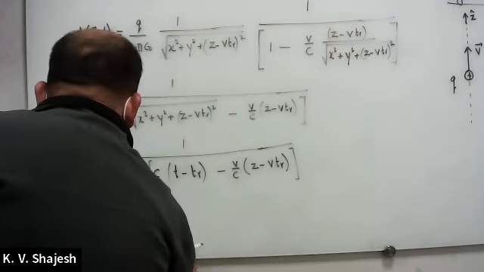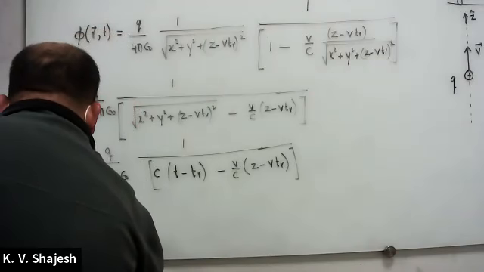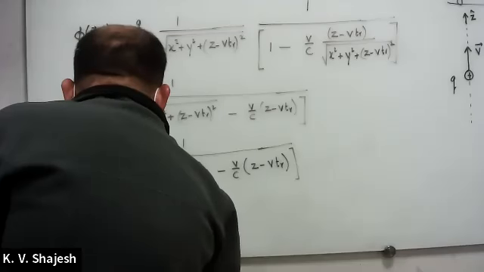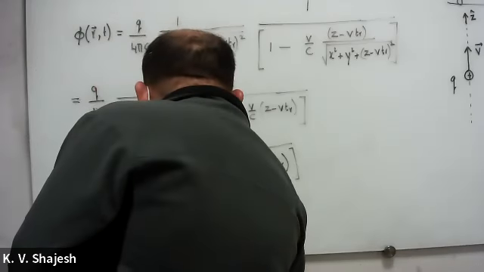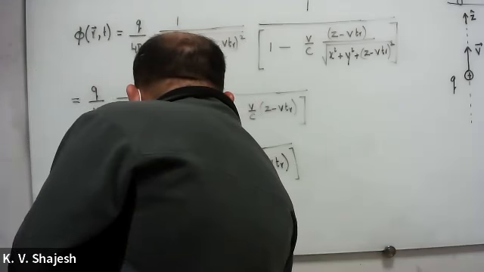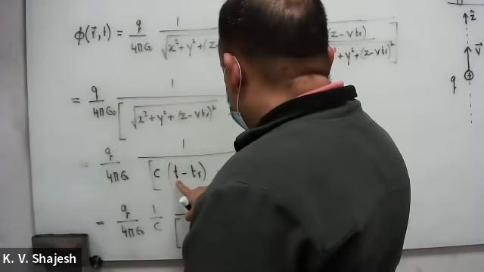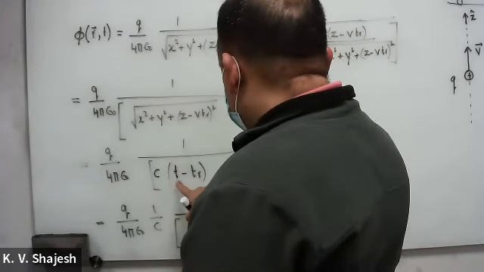One more step, it's equal to Q over 4 pi epsilon naught. Put the c in front. And what I have is 1 over, so I've taken the c out. So this is t minus z over c. That's this piece and this piece.